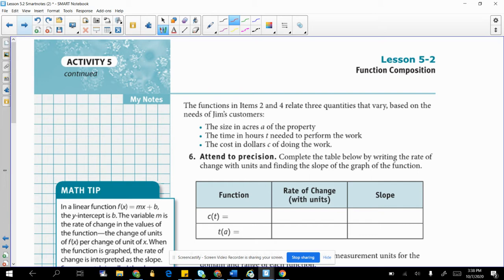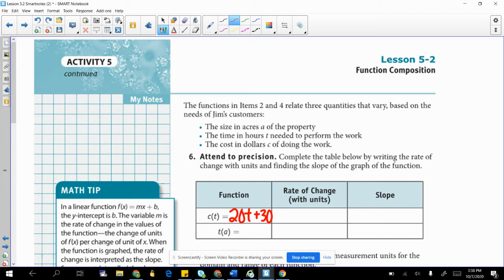Okay, so number 6 says to complete the table below by writing the rate of change with units and finding the slope of the graph of the function. So remember, C of T was that 20T plus 30. And remember that rate of change and slope are the same thing, but the rate of change says with units.